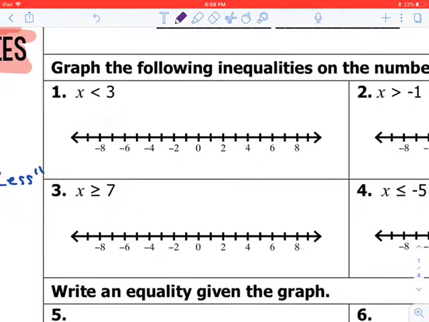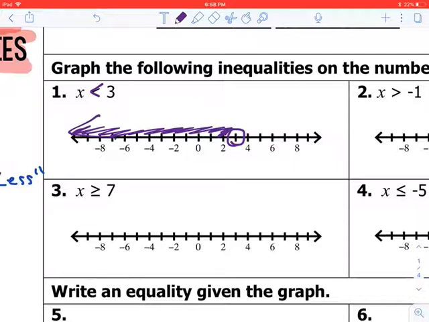This first one says x less than 3. If you're not sure which one it is, you can see it says L, so less than 3. So I go to 3, and since there's no underline there, I just need to put an open circle on 3 and then shade less than 3, which is anything less than 3, that way.